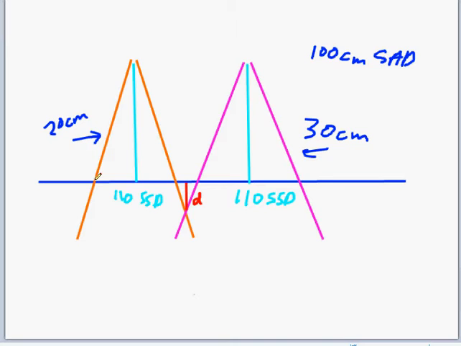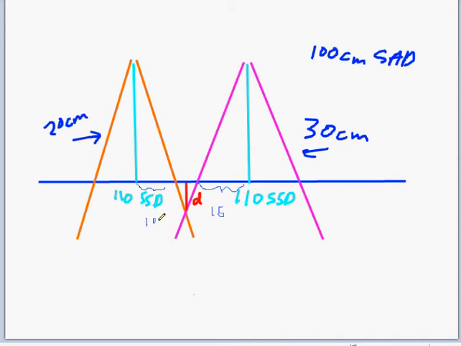Well, if they tell you that it's on the surface here, this is 20 centimeters. In this case, half of this would be 10, and then half of this one over here would be 15 cm, if that's on the surface.